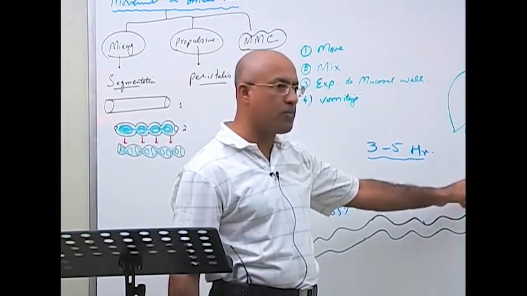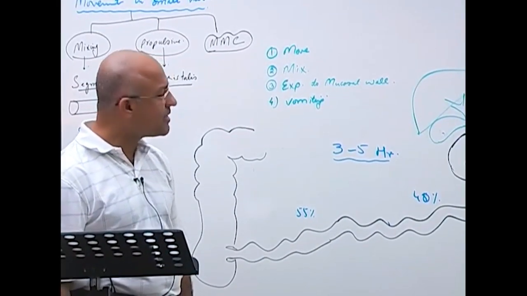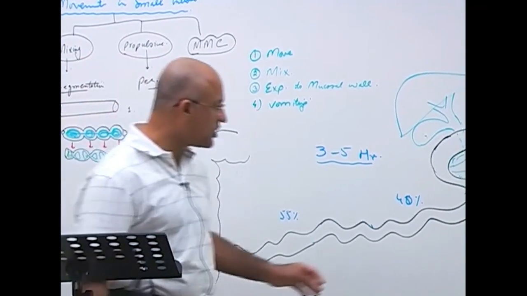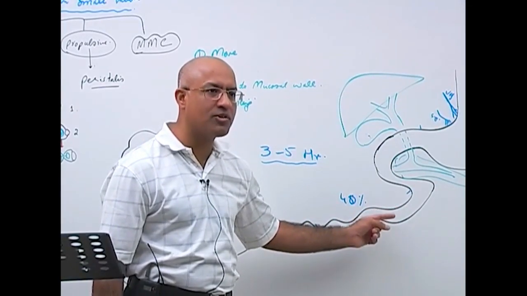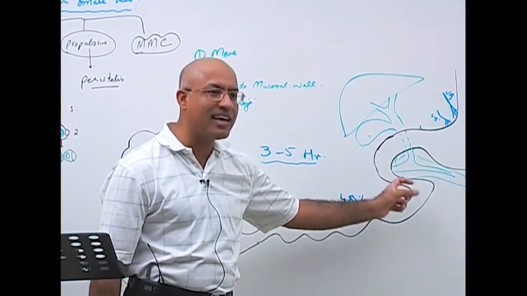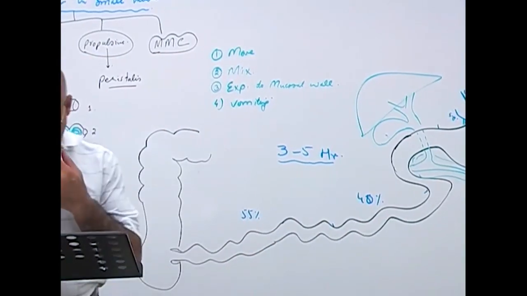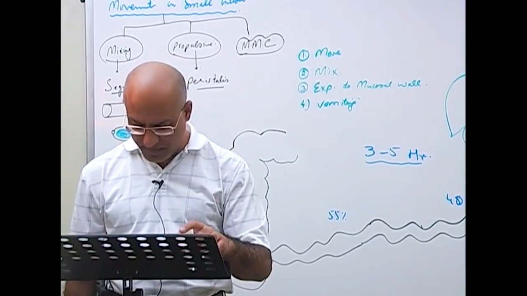Is that right? And during the second part of the MMC, secretions from the GIT help to dislodge such material from the walls of the gastrointestinal system, so we can clear the small gut of such contents. Any question here?